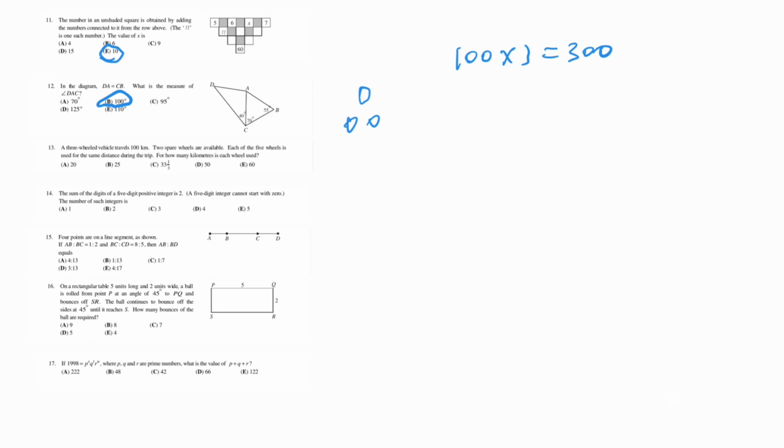They all travel the same distance. Total 300 kilometers divided by the 5 wheels equals 60. So each wheel traveled 60. The answer is E.